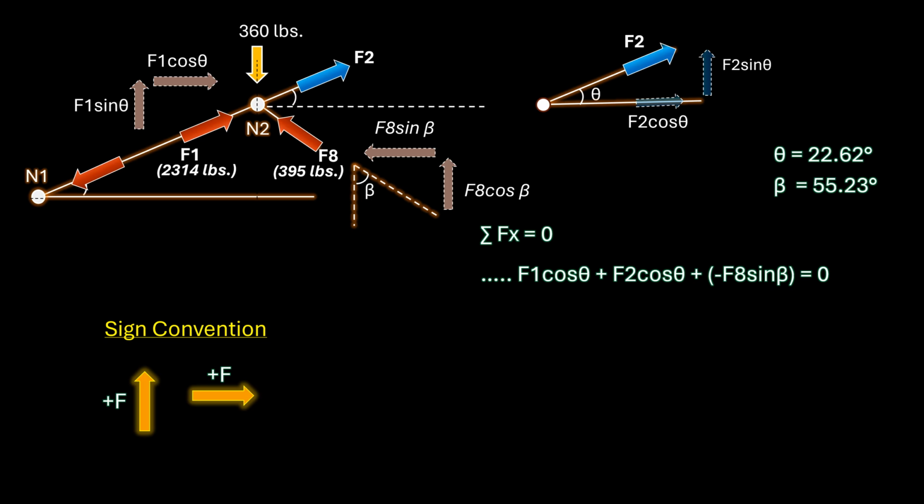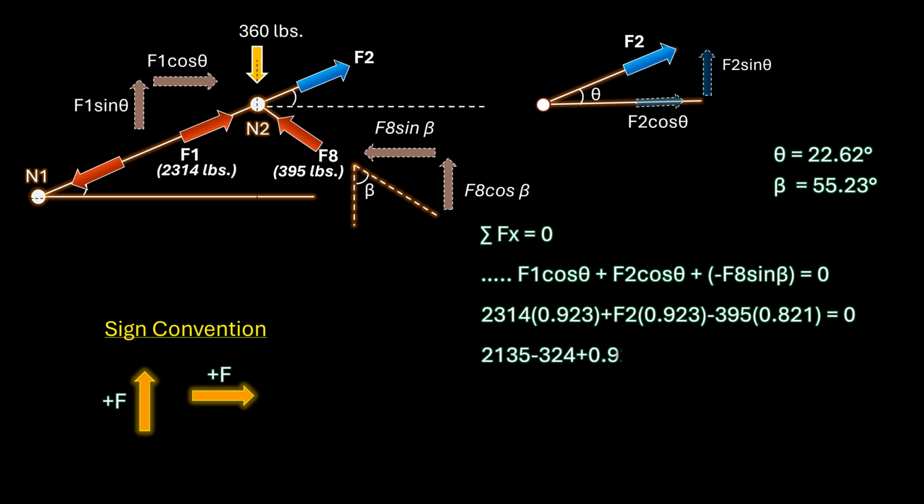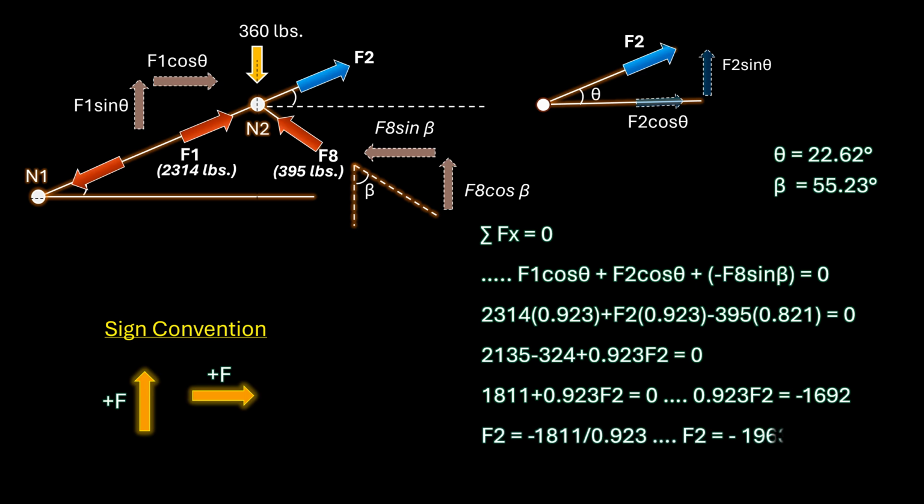The equation becomes 2,314 times 0.923 plus F2 times 0.923 minus the product of 395 and 0.821 equals 0, which eventually reduces to 1811 plus 0.923 F2 equals 0. Solving for F2, we determine that F2 is negative 1,963 pounds, which means that it is a compressive force. Therefore, the force at F2 is a compressive force of 1,963 pounds.